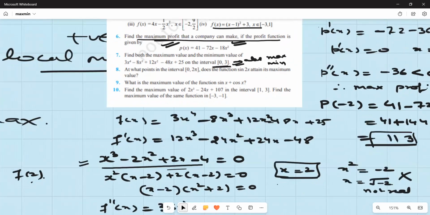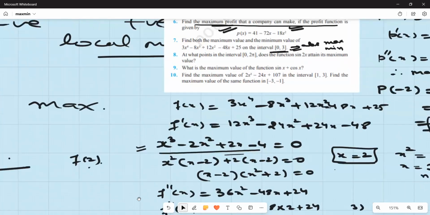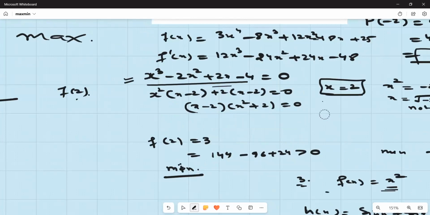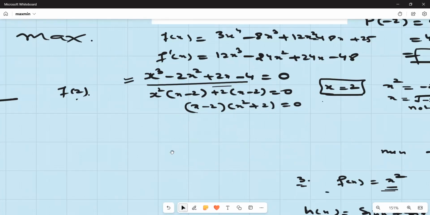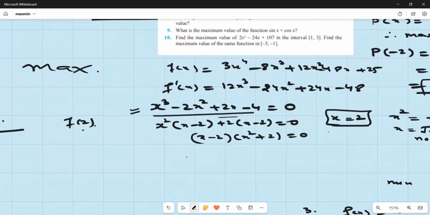Sorry, बच्चे, this is absolute maximum and minimum, not local, because a closed interval is given. Check the closed interval: the values you are getting are 0, 2 and 3. So find out f of 2, f of 0 and f of 3.